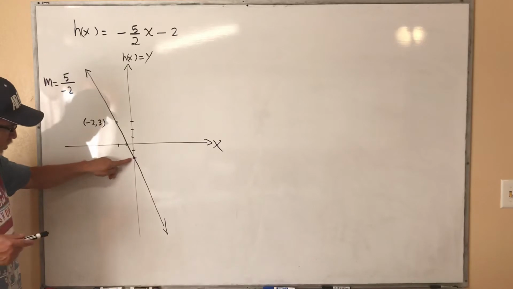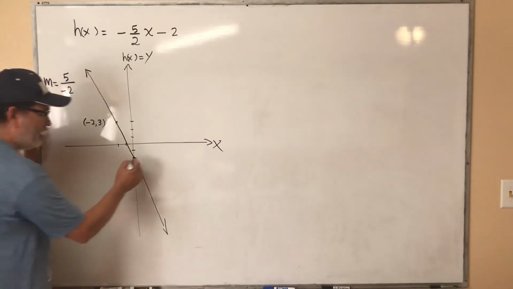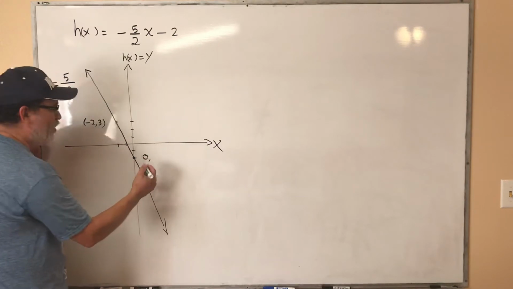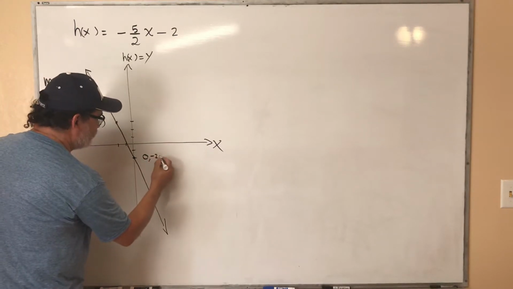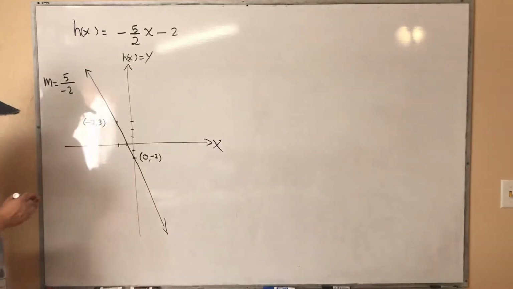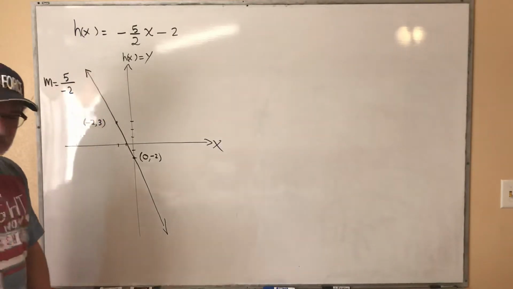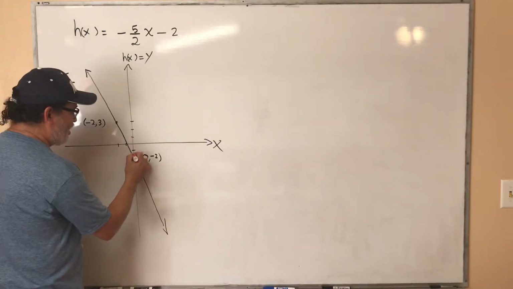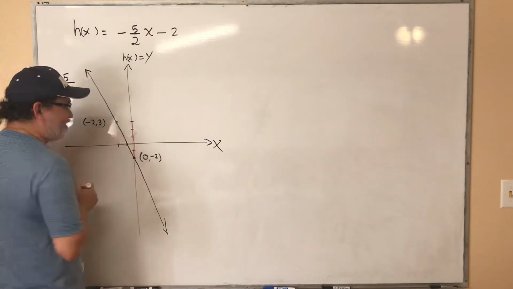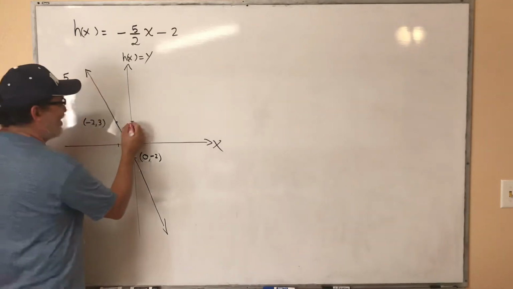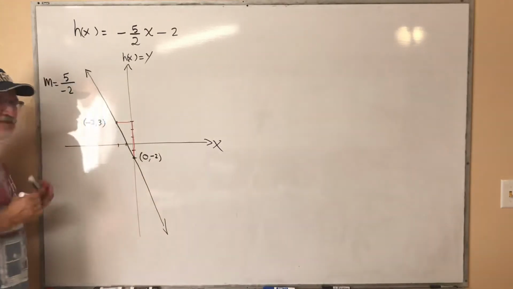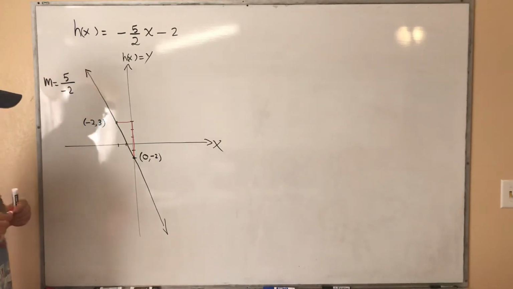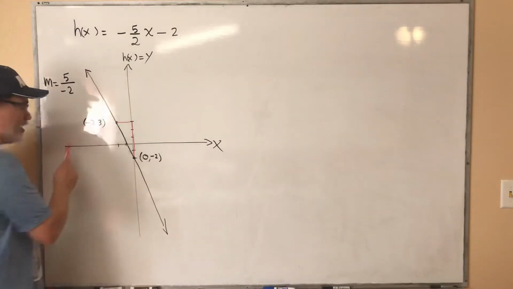Sure you can. This is x is what? X equals 0. And what is y? -2. Okay? Watch this. From this point, the rise is 5 and the run is 2 to the left, -2. You see this point and this point?